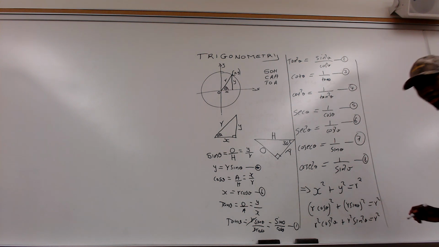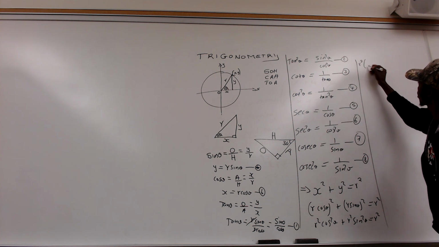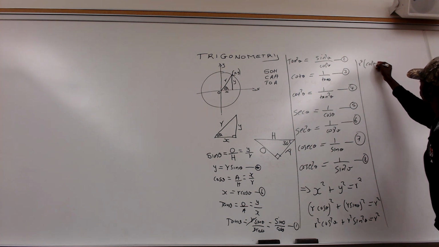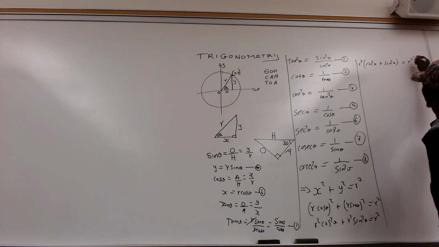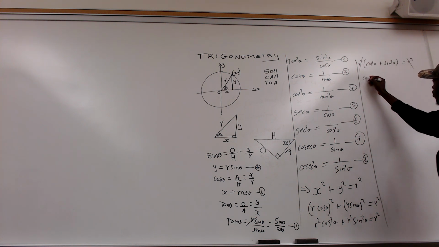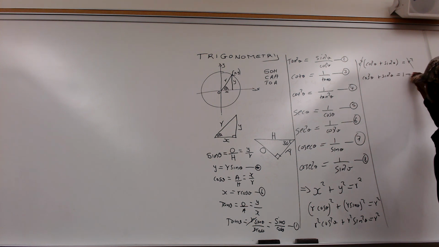If we simplify this, R square is common, we factor R square, it's going to be R square times cos square theta plus sine square theta equals R square. So R square cancels R square. This remains cos square theta plus sine square theta, which gives us 1. This gives us identity 9. This is how we have this identity.